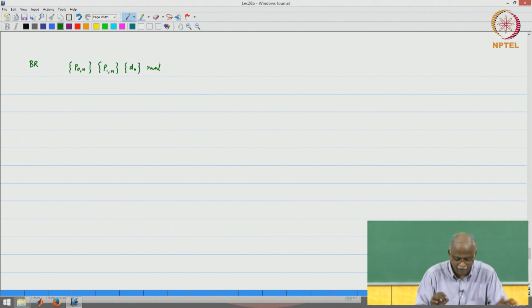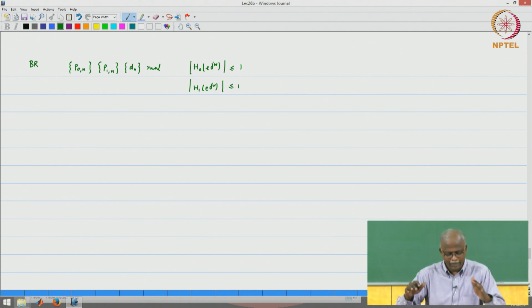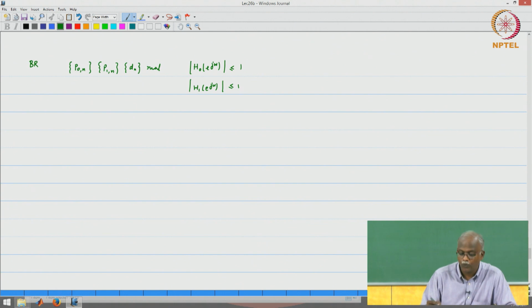That's the real part of it, and the bounded part comes from the magnitude of H0(e^jω) being less than or equal to 1, and the magnitude of H1(e^jω) being less than or equal to 1. That is the bounded real part. It can be any constant; we have chosen it to be equal to 1.